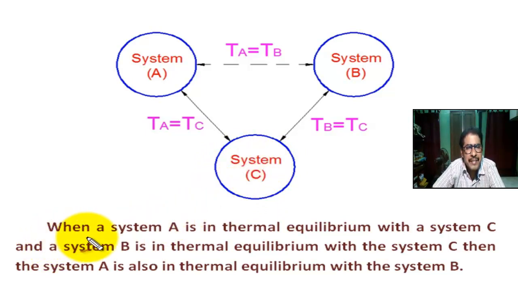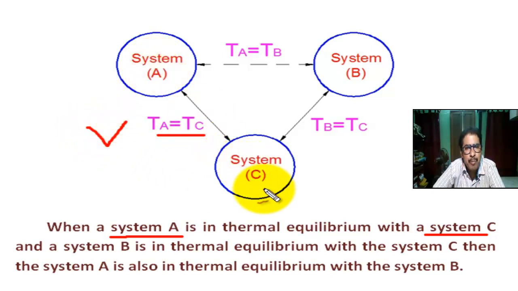When system A is in equilibrium with system C, that means TA equal to TC.